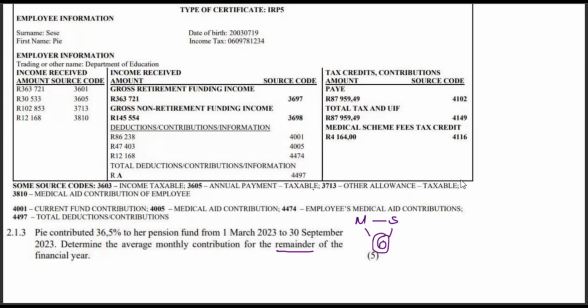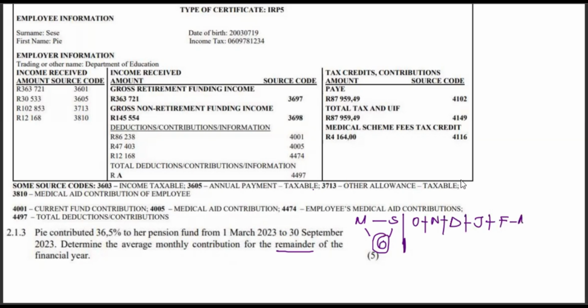6 months up to September, so we remain with October to November, November to December, December to January, January to February. How many months are there? We have 1, 2, 3, 4.